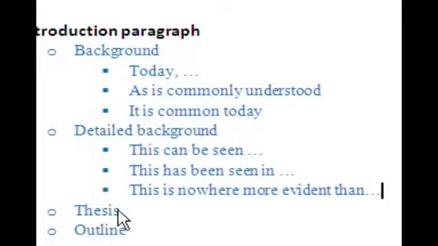Now the thesis is the most important sentence in the essay because it is giving our direct opinion, or the sentence that we want to prove in the essay. It's what the entire essay is trying to say. So often the thesis has to be said in a very strong manner so that there's no question in the reader's mind what your position is.